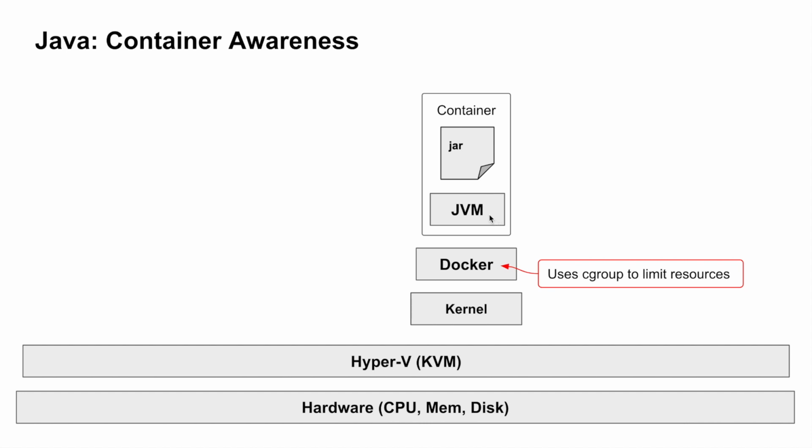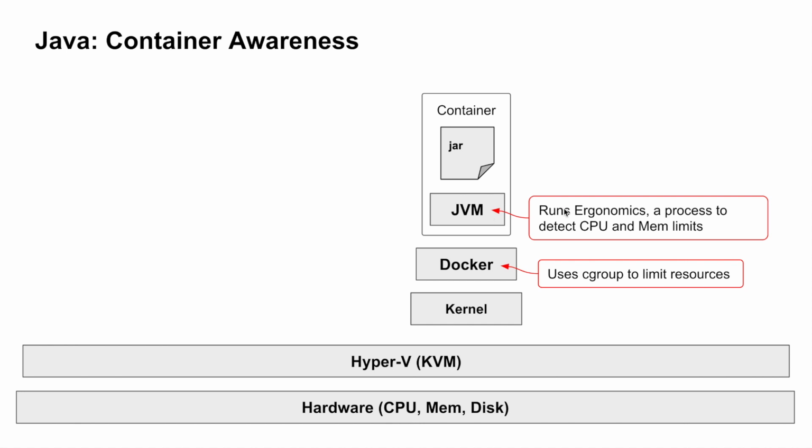The limits it sets are set by a process called ergonomics. Ergonomics automatically detects how much CPU and memory to allow this jar to use. The issue here is ergonomics and cgroups often develop conflicting views of CPU and memory limits, and whenever there's a conflicting view, it results in your JVM app crashing or unexpected behavior.